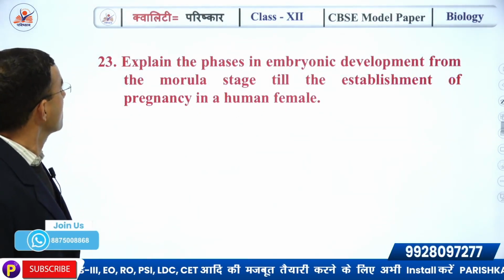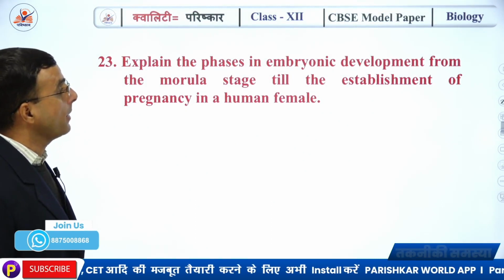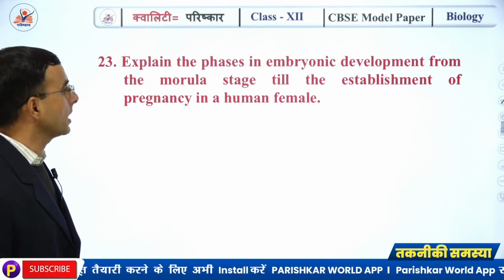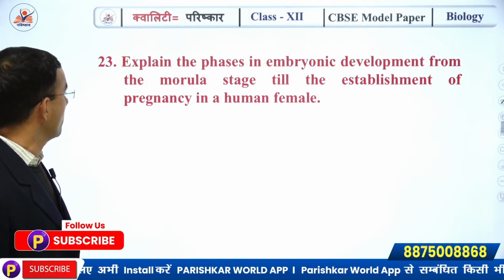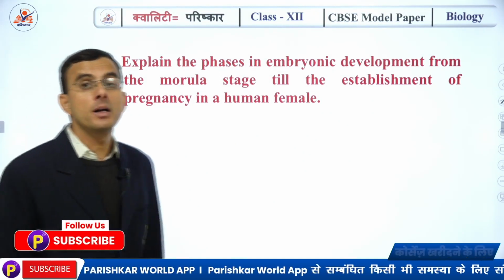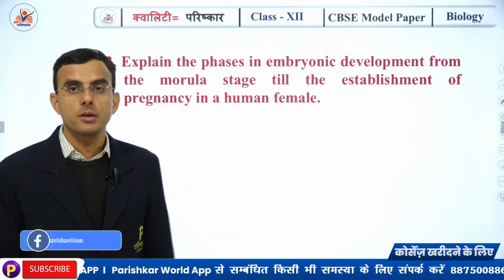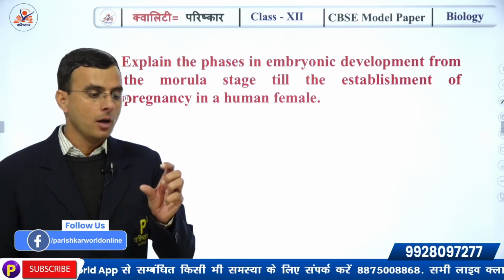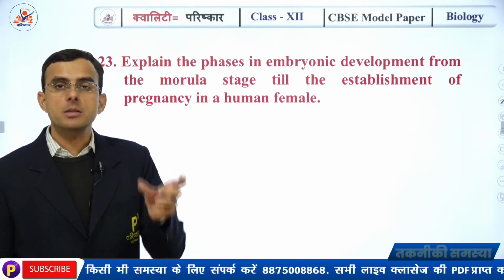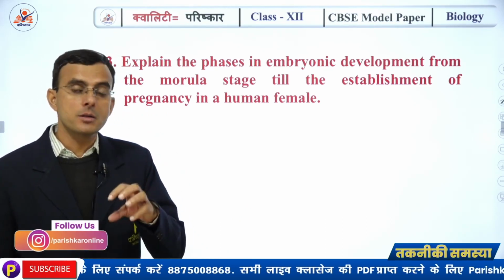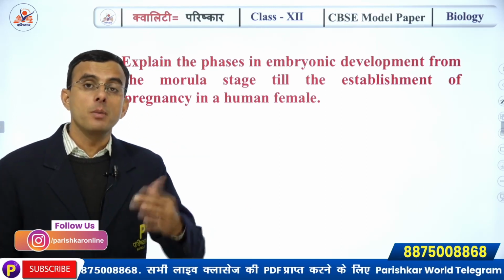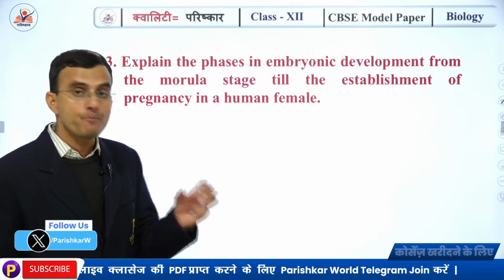Now the next question: explain the phases in embryonic development from the morula stage till the establishment of pregnancy in a human female. Look at this. There is a development of the zygote, which is then converted into a multicellular embryo.